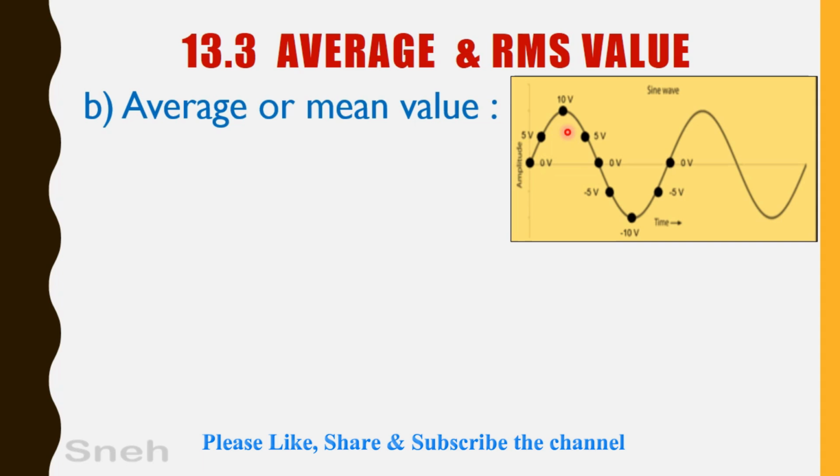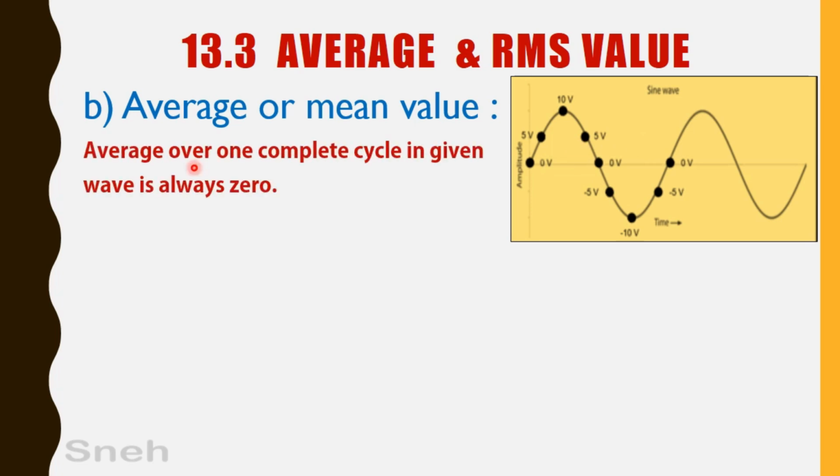So 20 minus 20 plus 0 plus 0 plus 0, total will be 0, and my average value will be 0 by 9. Now I'm taking only a few values, not all values. The average over one complete cycle in a given wave is always 0.